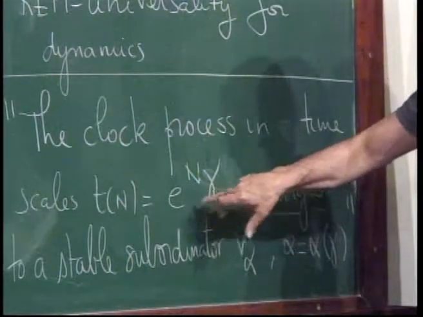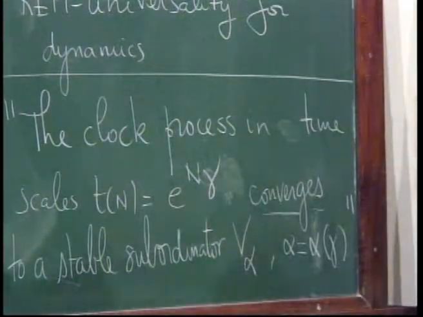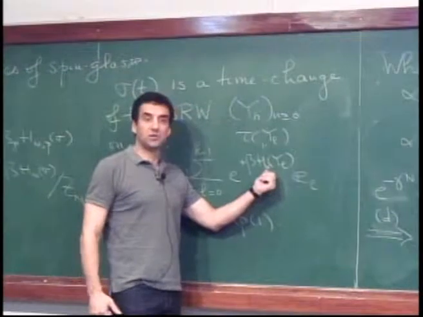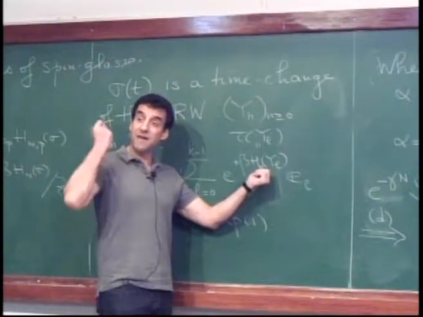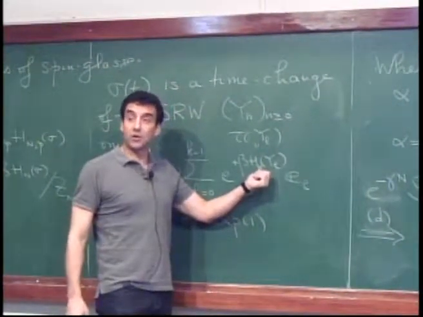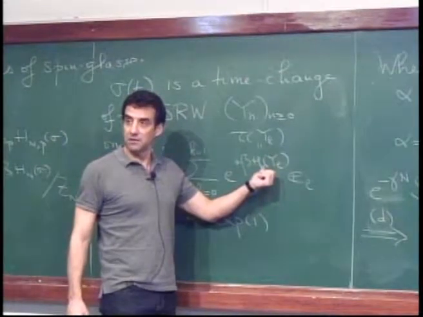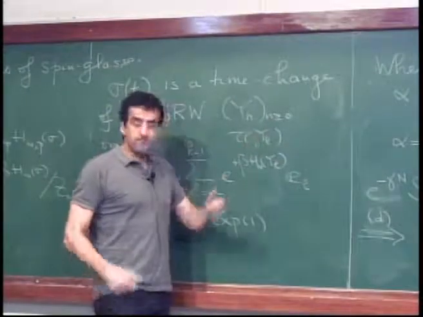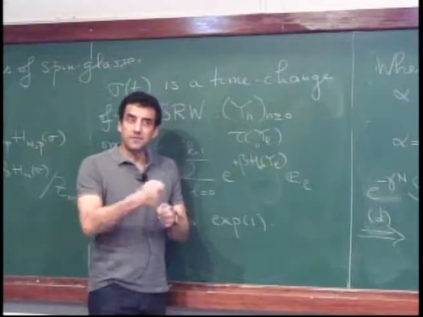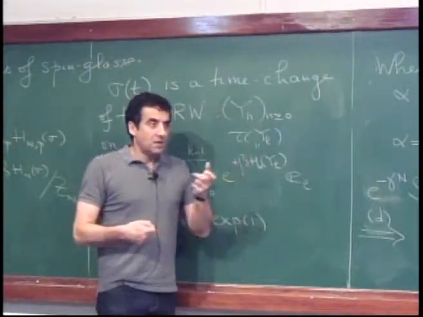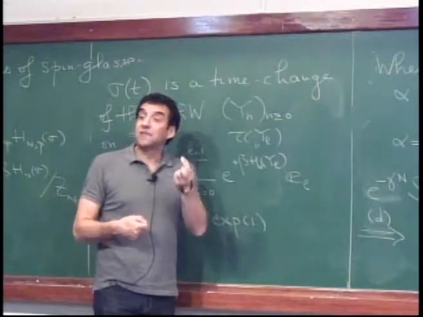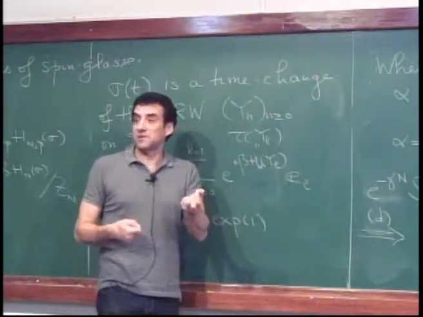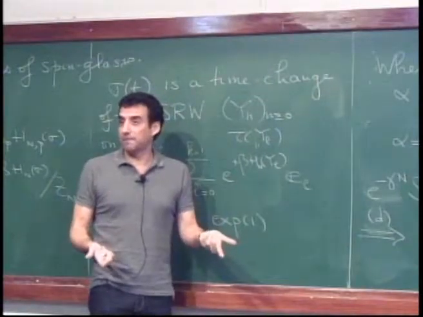Why do you need such long time scales? Let me say that again. The tau here, the time you spend in a trap, is essentially exponential beta h. But remember that the extreme values of h are of order n. So the natural time scale, in fact the time it takes to get out of one of these deep traps, is of order exponential n.